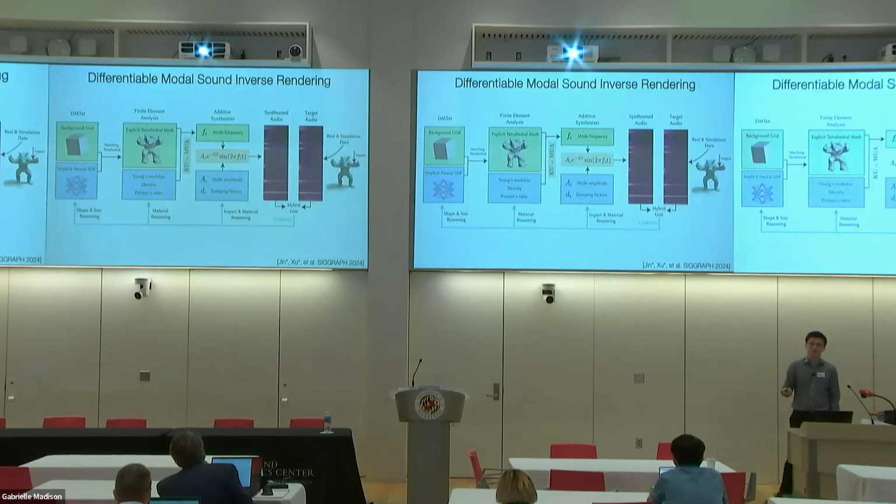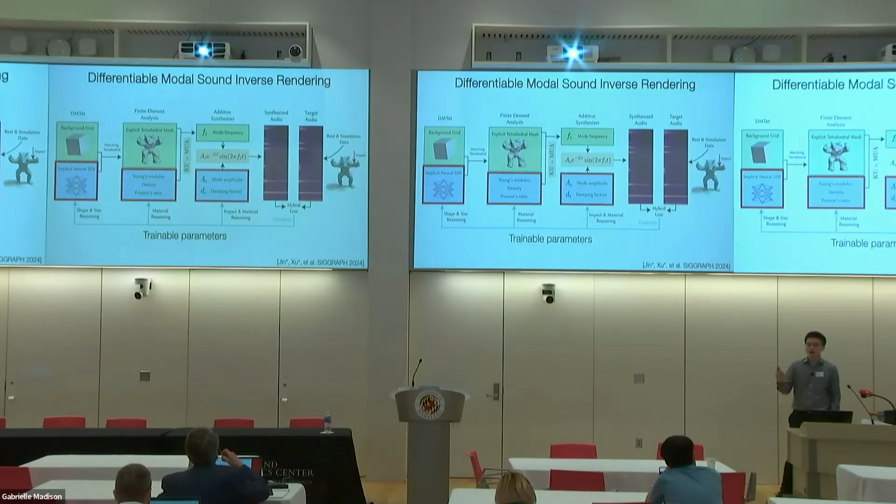We parameterize the shape and also the physical properties. So we model Young's modulus, density, Poisson's ratio, and also the audio synthesizer. Then, in a fully differentiable way, we learn the shape and the material properties just based on the impact sound recordings from the real-world dataset.